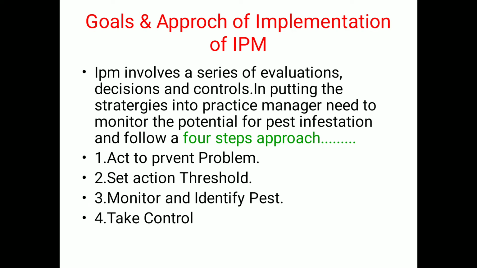Third, monitor and identify pest, that means due to continuous observation we have to identify the pest on the basis of some morphological characters. And last one, take control, that is after identification of pest we have to take a suitable control measure for control of that pest.